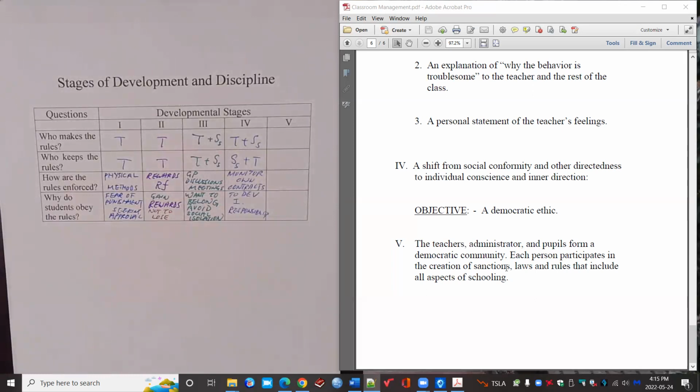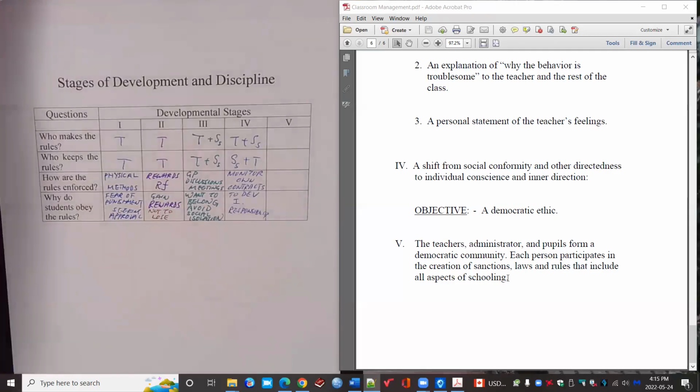All right, so here we have what? Students and teachers and school administrators, all of them participate in the creation of rules and laws for the operation of the school. Okay, so that's good. That is very much like Kohlberg's stage 5.